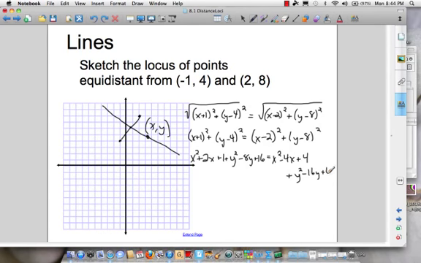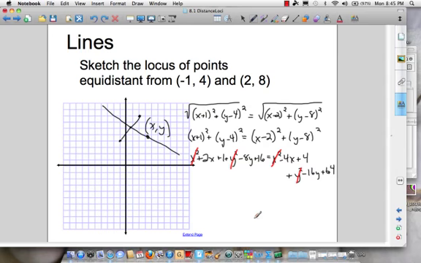And now, notice there's certain things that are on both sides of the equation. So I'm going to subtract x squared from both sides, and it's going to drop out of both sides, and I'm going to do the same with the y squared. And now you see why this is going to turn out to be linear.